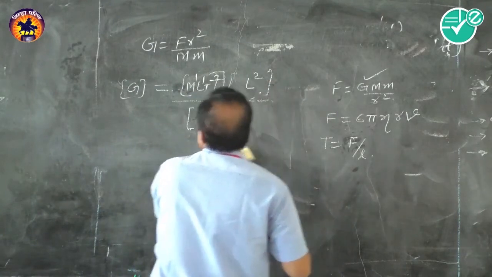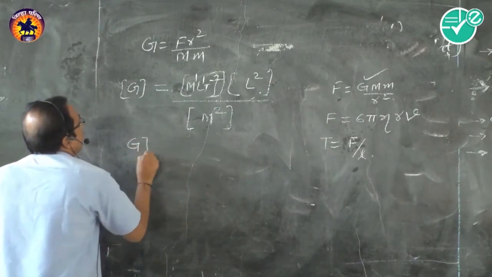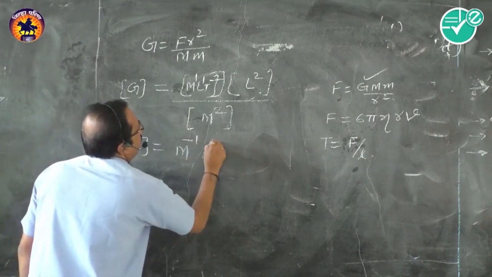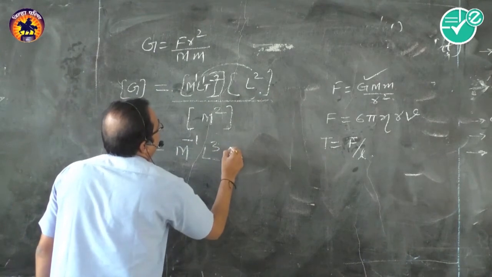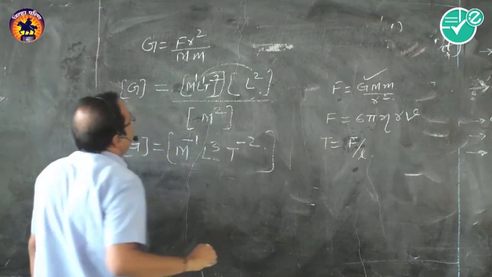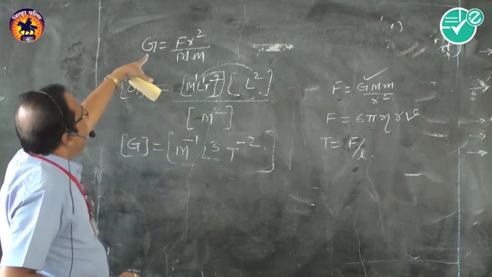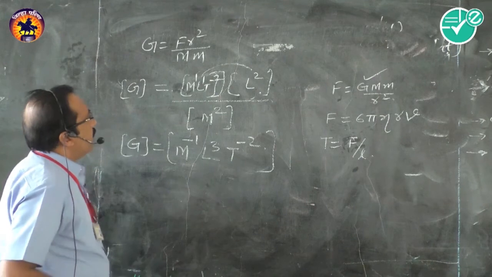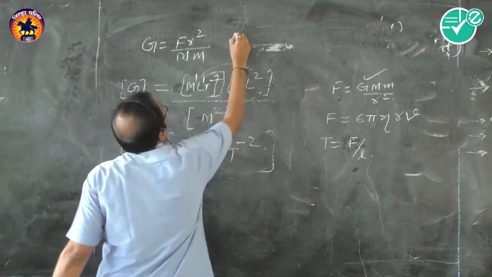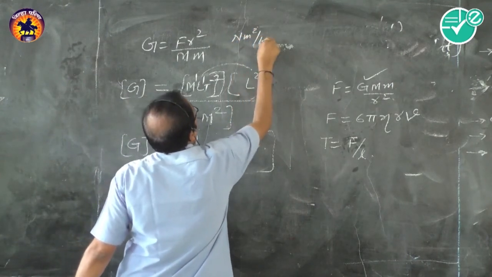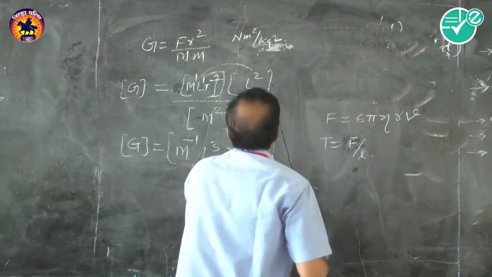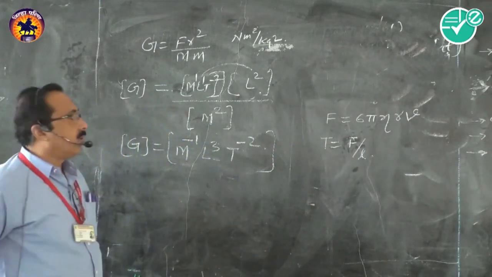So the dimensions of the gravitational constant are M raised to minus 1, L raised to 3, and T raised to minus 2. These are the dimensions of the gravitational constant, isn't it? The SI unit we know is Newton meter square per kilogram square, but it is not asked in the question. So the first dimension is found here, the dimension of the gravitational constant.